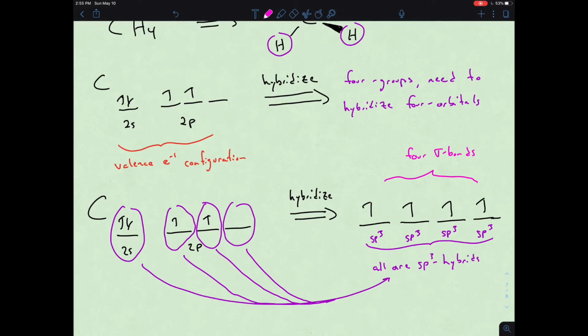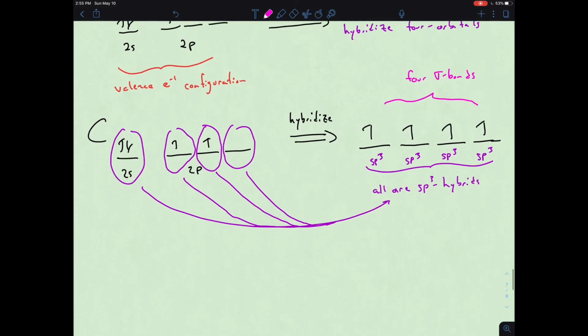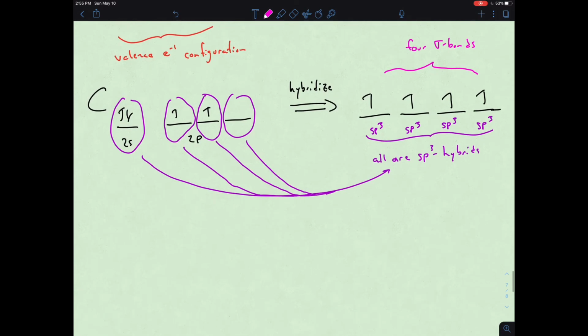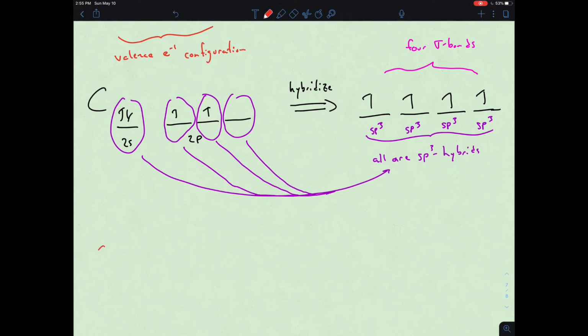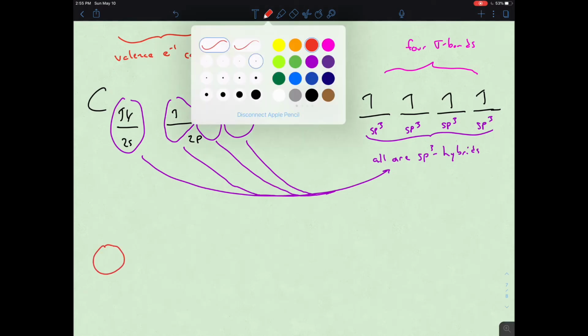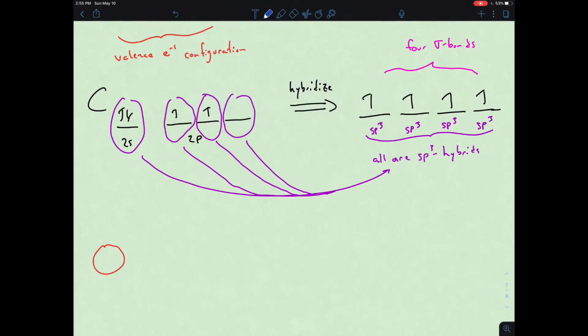There's no extra orbitals for pi bonds or anything like that. Again, we're still a bit ahead of ourselves with that idea. But we can now make 4 bonds to those 4 hydrogens around the carbon. So this is where this combination of our S and our P's starts to get more complicated as we go.